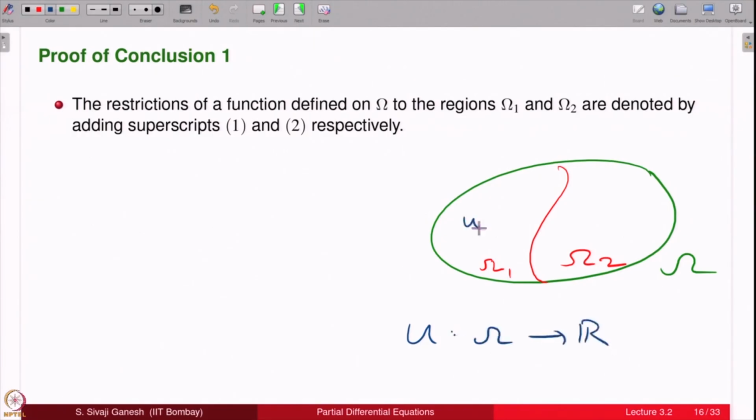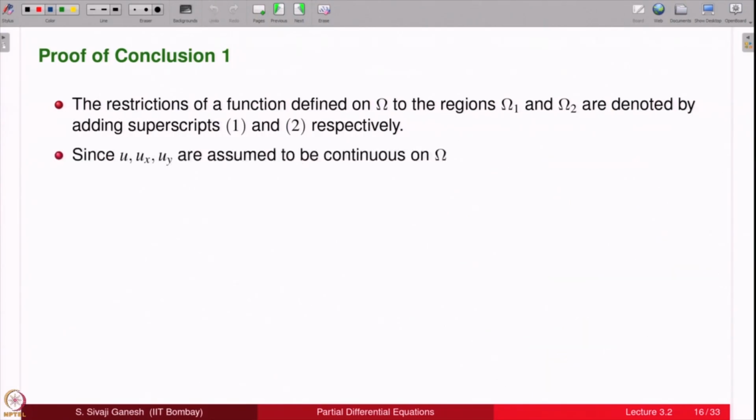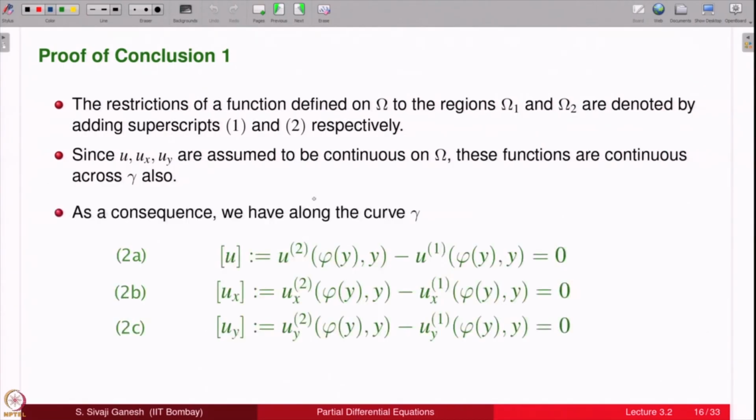We denote the restriction of u to omega 1 by u1 and here by u2. So, ui is u restricted to omega i. Since u, ux, uy are assumed to be continuous on omega, these functions are continuous across gamma also. In other words, there are no jumps across gamma.